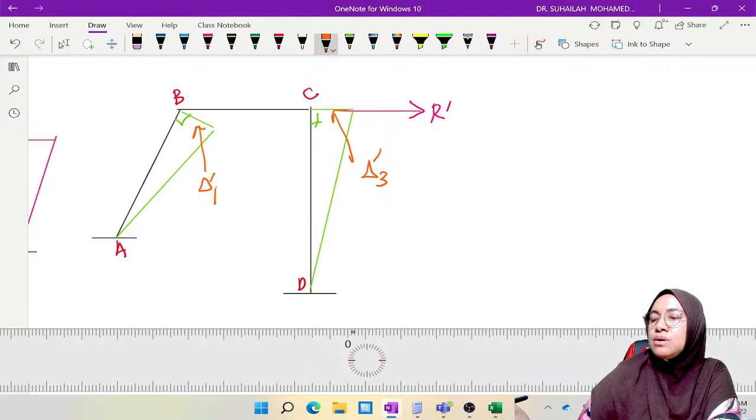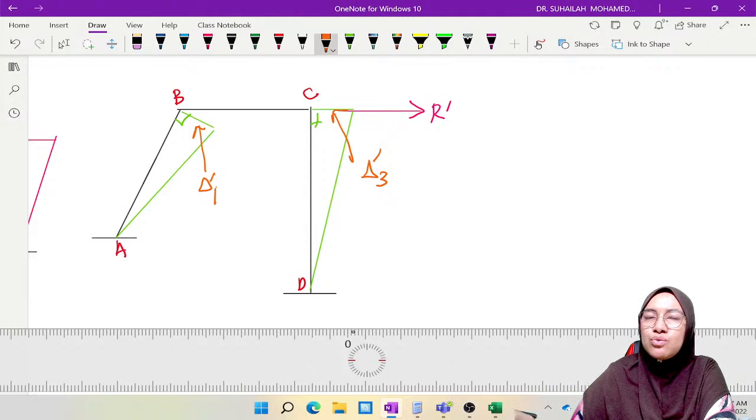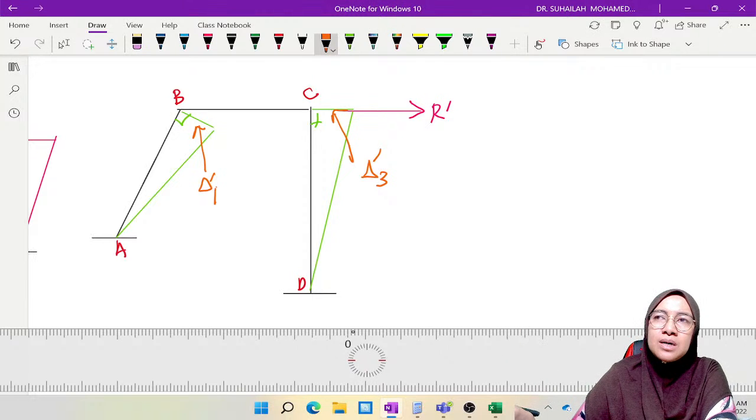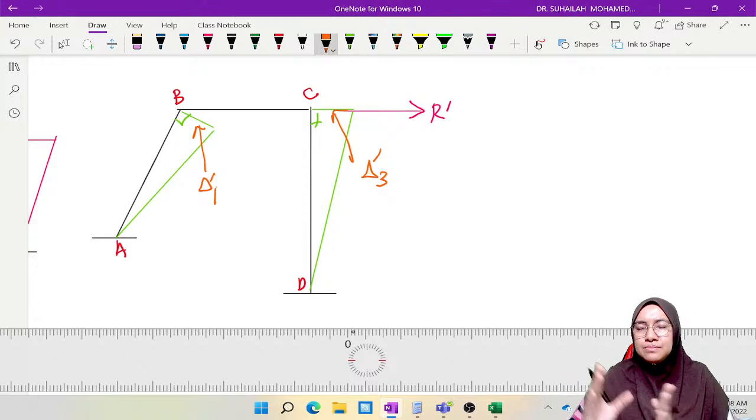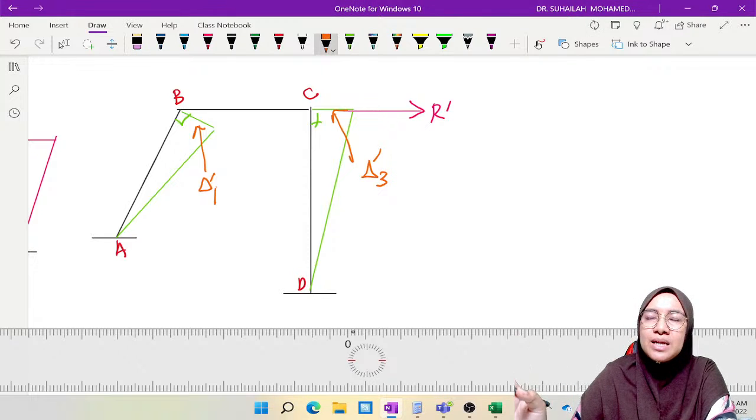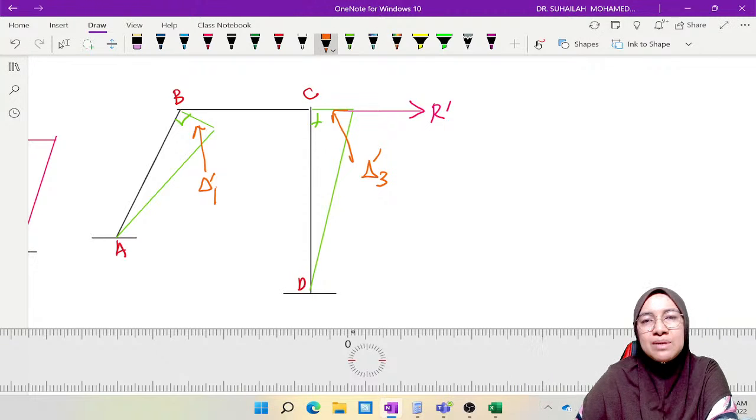So why do we label as 1, 2, 3? Because in this case, all delta is not similar like what we have done previously. Whenever we have two straight columns, we can assume that the delta occurring at B and at C will be similar, having the same distance. But this will not occur in this case.